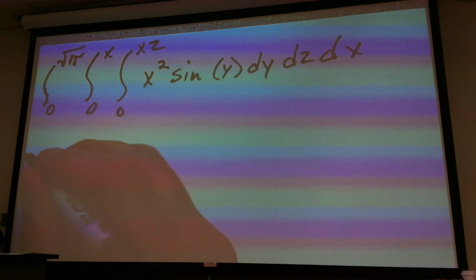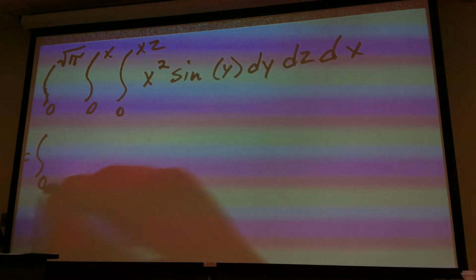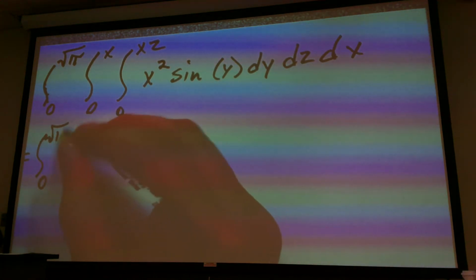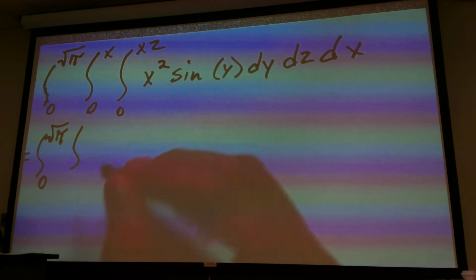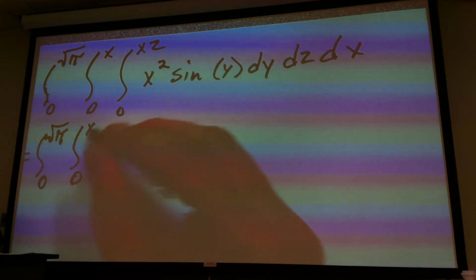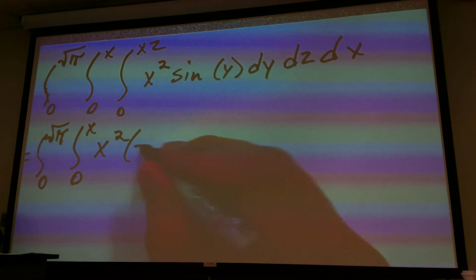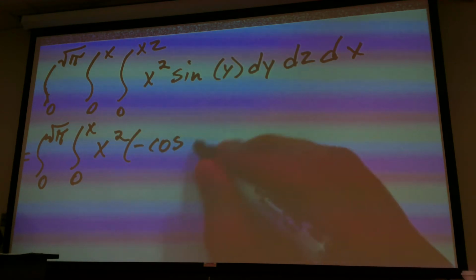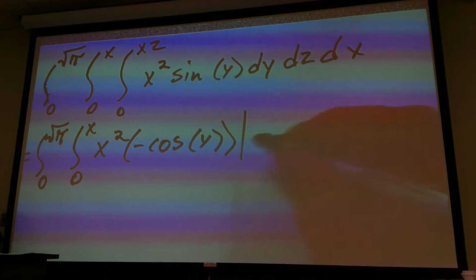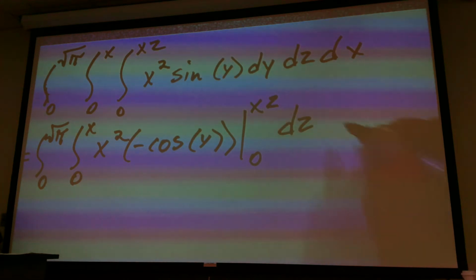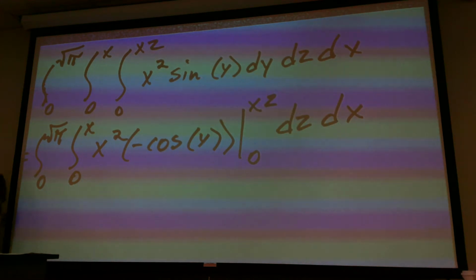So this becomes the integral from 0 to the square root of pi, the integral from 0 to x of x squared, now negative cosine of y evaluated at 0 and xz, dz dx.